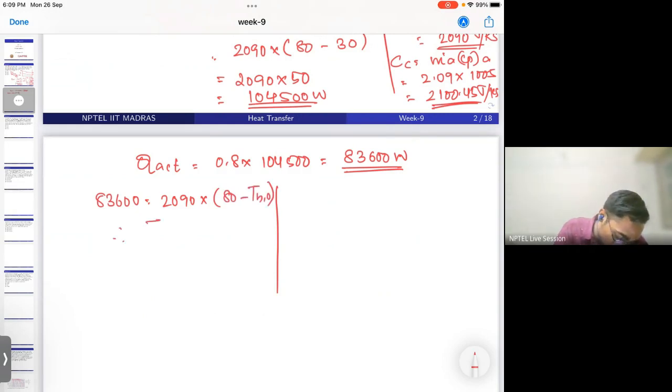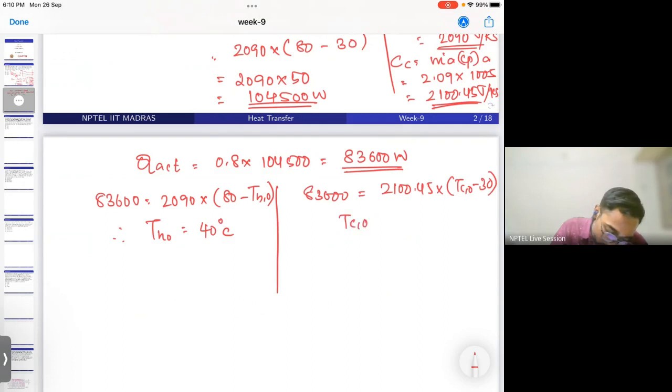So we get THO as 40 degrees Celsius. And the same on the air side: TCO minus 30. So the TCO will give us 70 degrees Celsius.